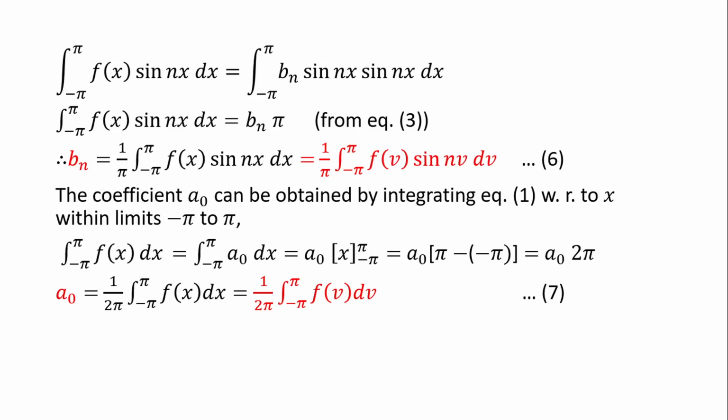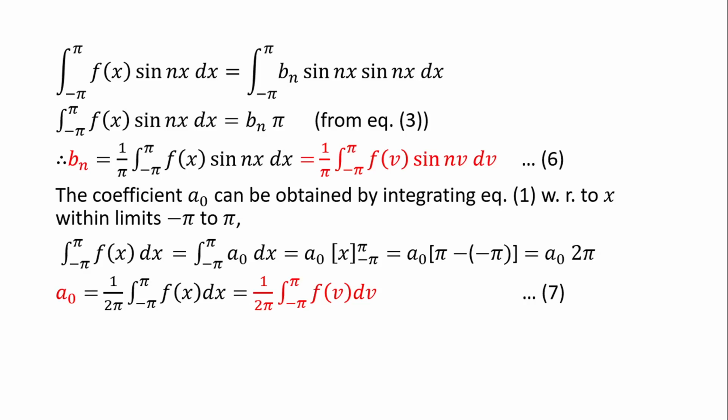So in this way we obtain the values of Fourier coefficients a0, an and bn, and we use the expressions 5, 6 and 7 in the next coming articles and problems while calculating the values of Fourier coefficients a0, an and bn for the function f(x).